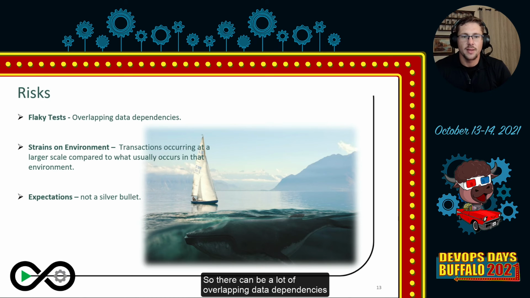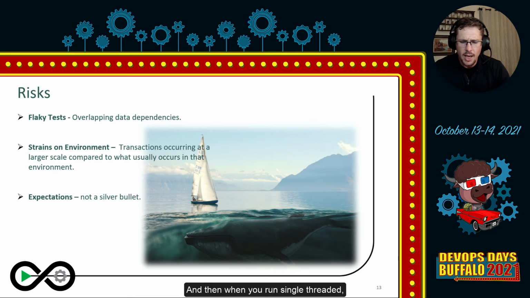There can be a lot of overlapping data dependencies in an automation suite as far as the test data that's being utilized across scenarios and features. When you run single-threaded, you typically do not come across those issues because the data is only being utilized by one user profile or account at a time.